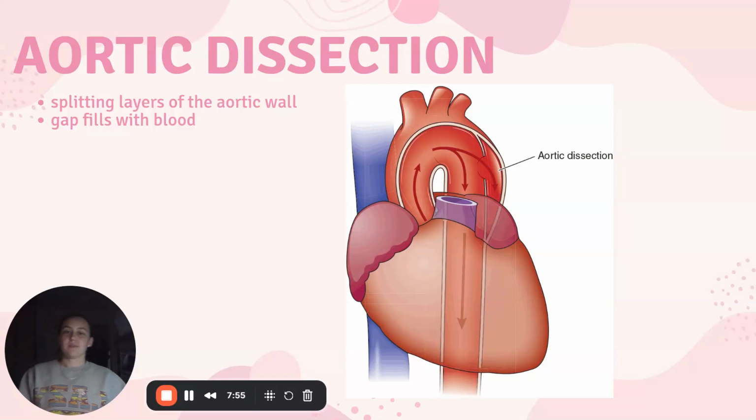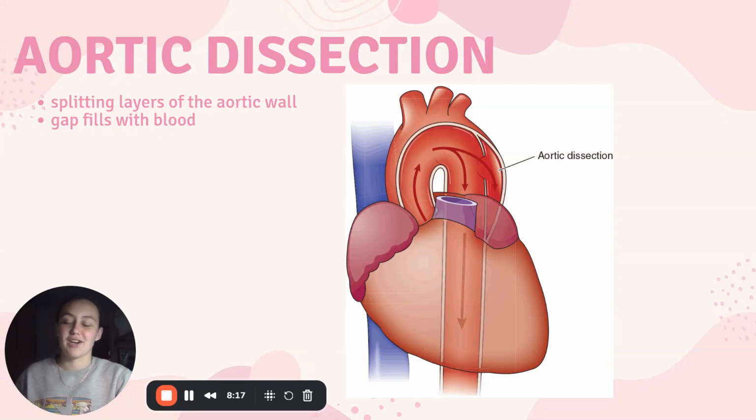Aortic dissection. So this one's actually kind of interesting because there's no known cause for it. And it's not random, obviously. There are definitely risk factors, but it can kind of happen at any time, just like an aneurysm. You may not know you have it, and it bursts and you die.